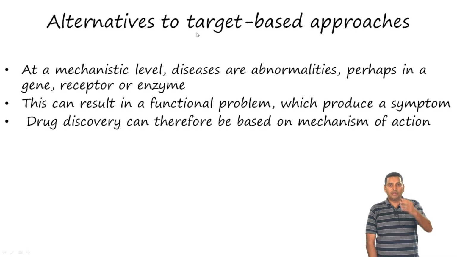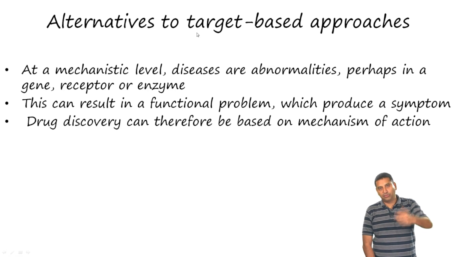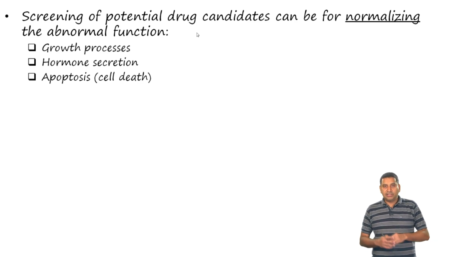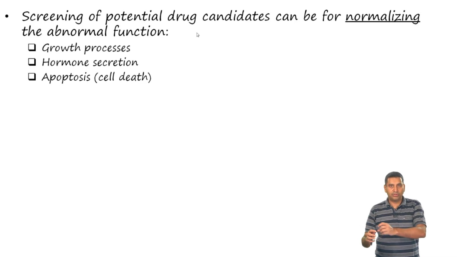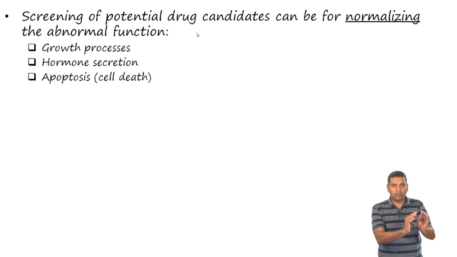So, we only screen or look for compounds which can address the abnormality which is associated with a particular disease. In order to identify potential drug candidates, we need to start screening for compounds, and this screening is typically done with small molecules which look to normalize the abnormal function.